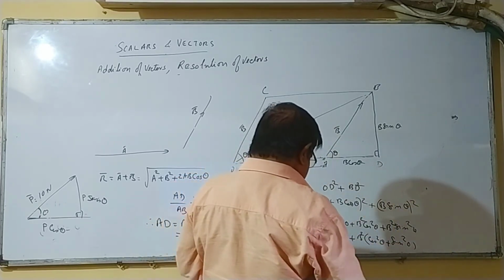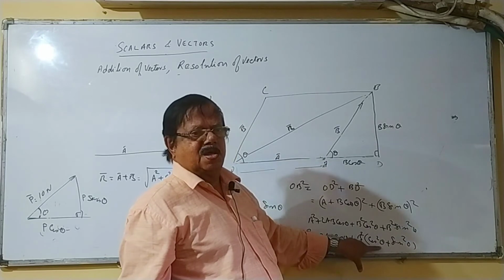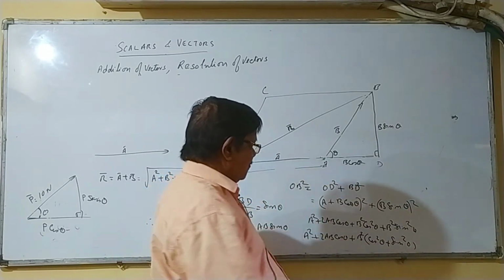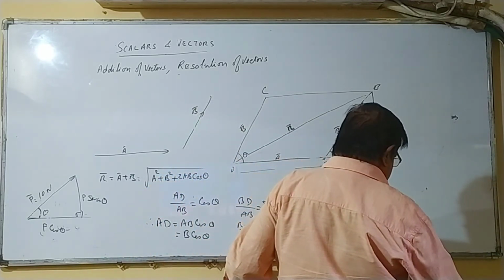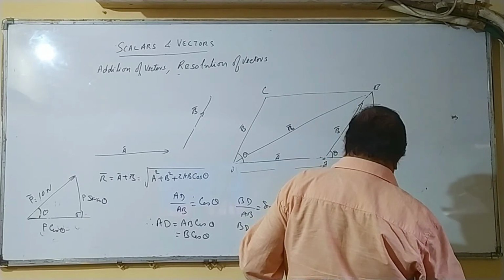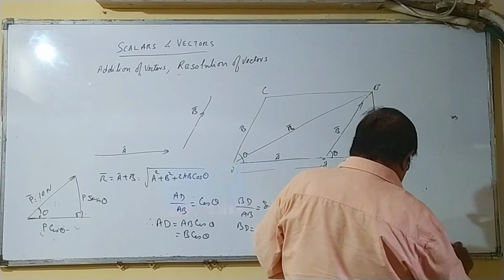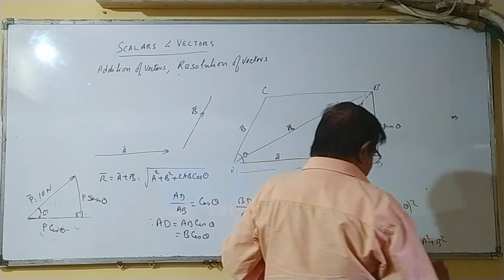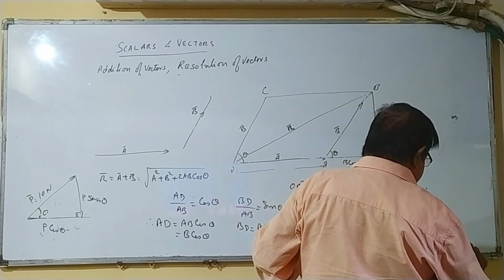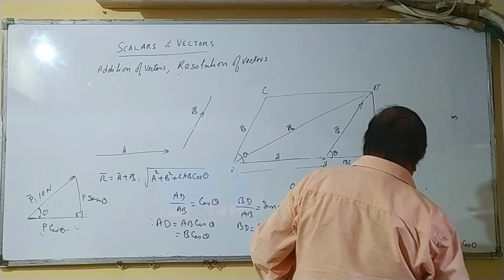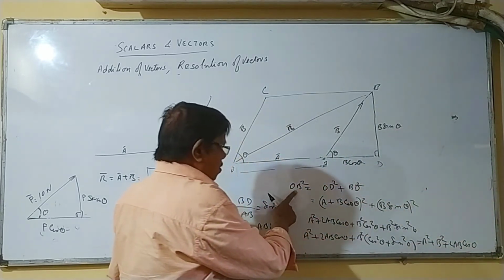Cos square theta plus sin square theta equals 1. Everybody knows that. Now this is equal to A square plus B square into 1, that is B square, plus 2AB cos theta. Now this is the vector OB square.